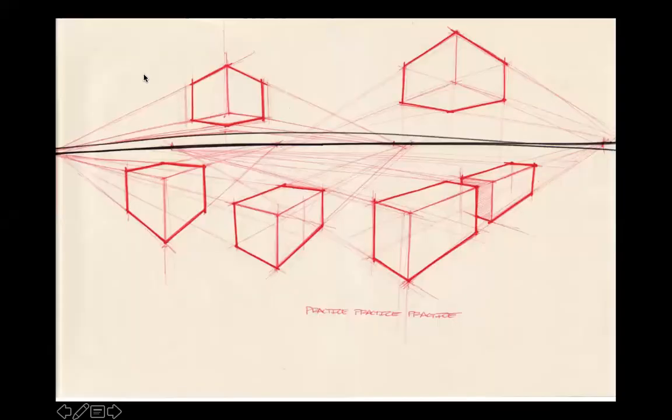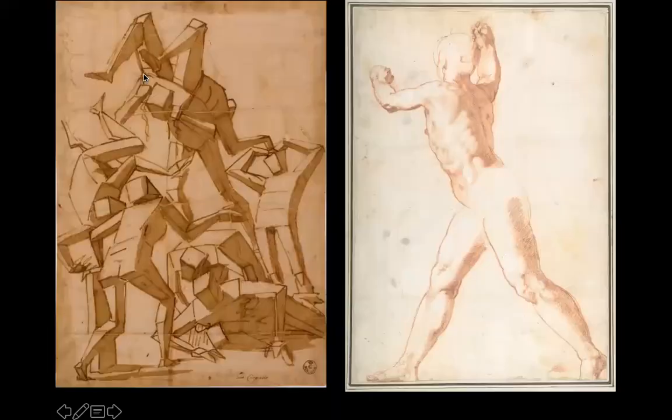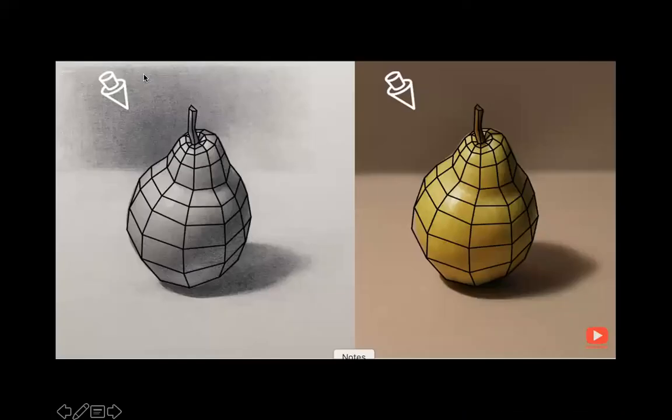Okay, so this was a video still from a video you can find on YouTube, which shows an artist interpreting the structure of an organic object, in this case a pear, according to a planar conceptualization.